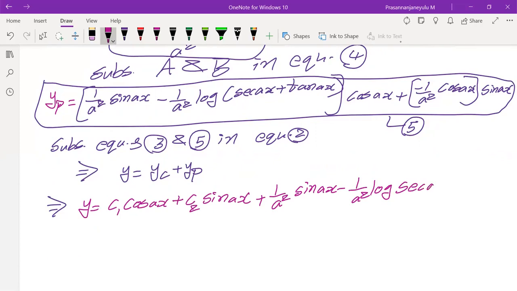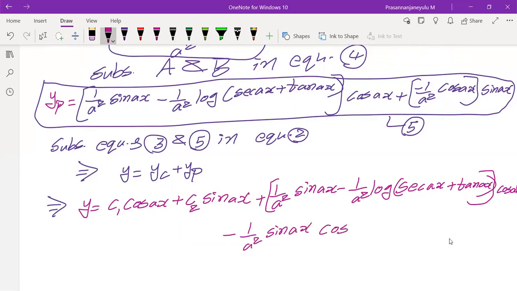Secant ax plus tan ax. We have to multiply all of this with cos ax. Plus b. What is the second term of our process? Minus 1 by a square into sin ax into cos ax.